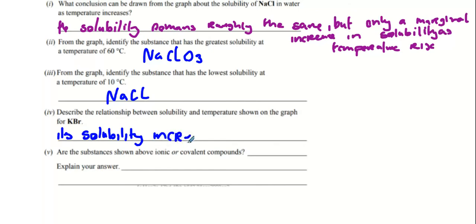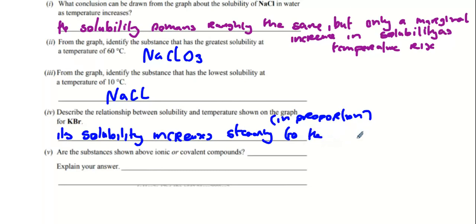Now, the reason why I'm allowed to use the word steadily is because it's a straight line, or in proportion to the temperature of the solution. So the hotter the solution, the more KBr that you can dissolve.